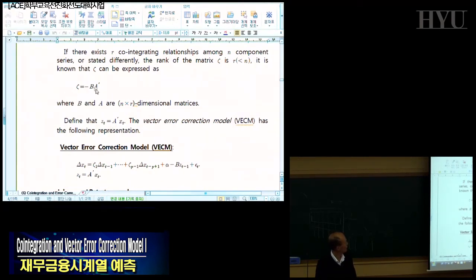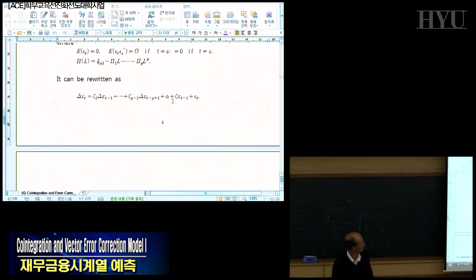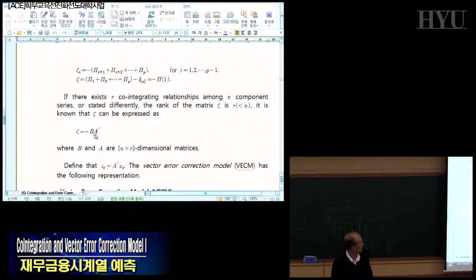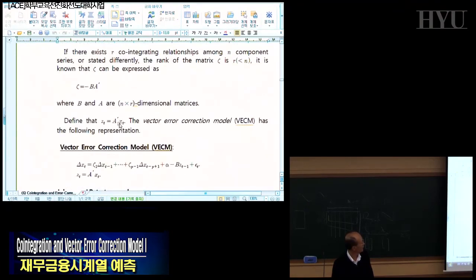Well, if you multiply this A transpose to the original data, and let's call it z_t, then the previous derivation, this one. So first plug this in here, and then define z_t this way.